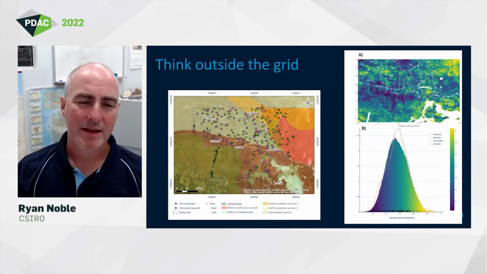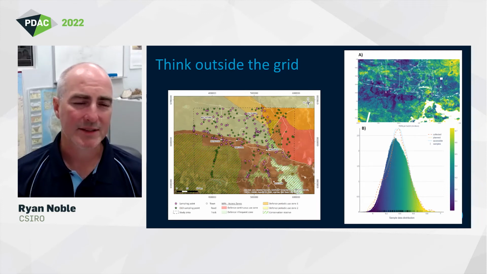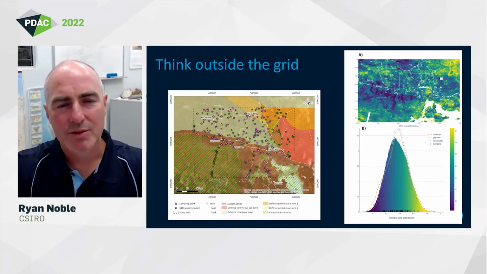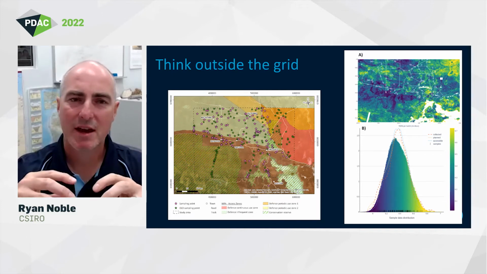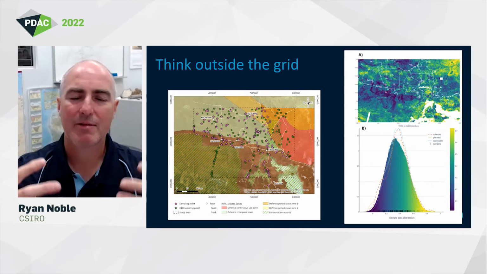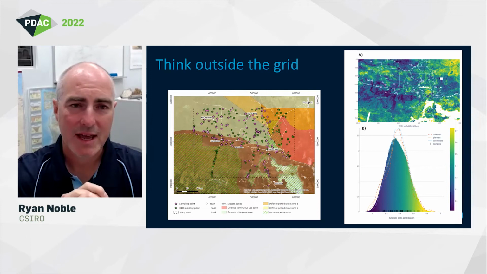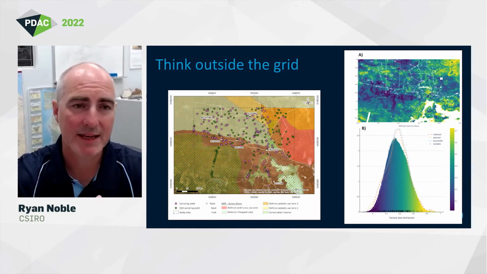And here's an example quite recently that we did where it was thinking outside the grid. The objective of this soil survey, for the Geological Survey of South Australia, was to get a representative background geochemistry of a large area. It's a couple of 100 kilometers. They didn't have a lot of access to the lands, so culturally sensitive in many cases.